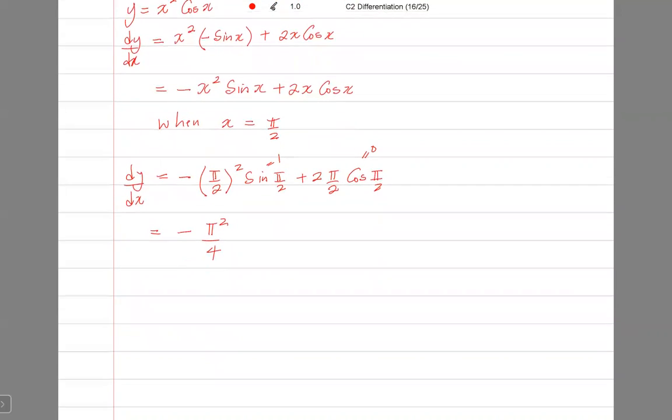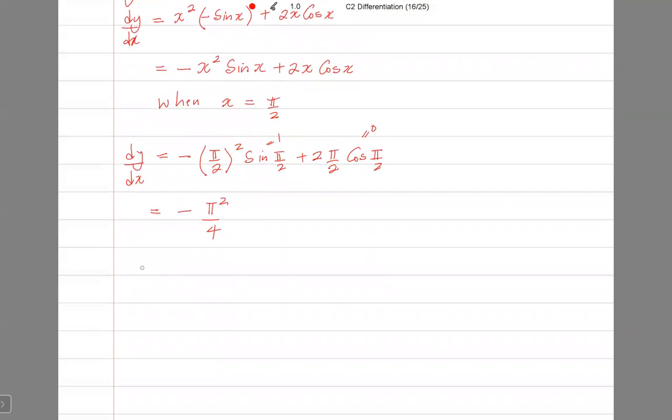Now let's determine the equation of the tangent. So the point of contact is pi by 2, 0. This is the x naught, y naught. And m, the gradient of the tangent, is minus pi squared over 4.